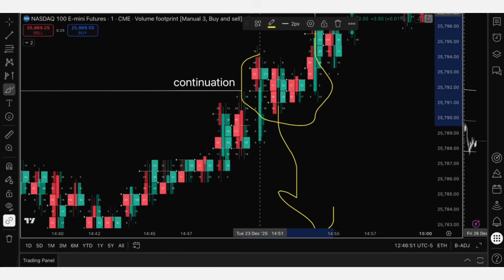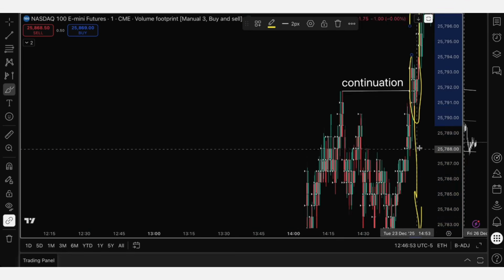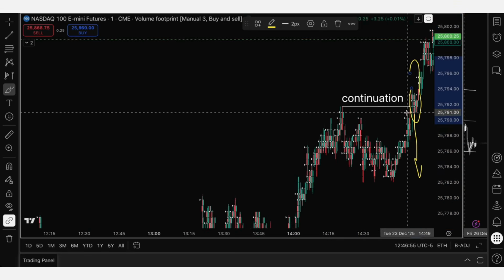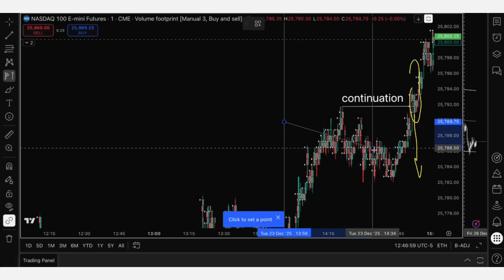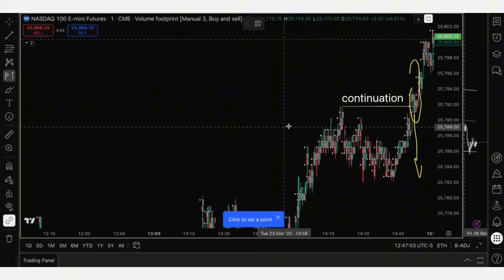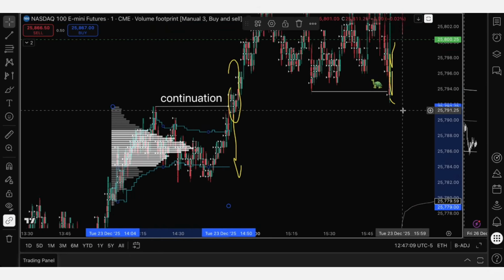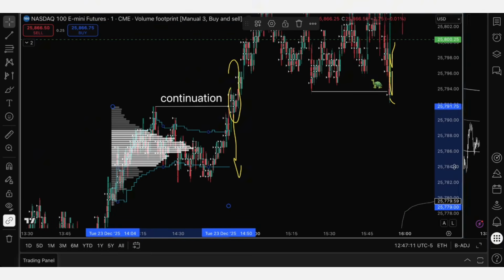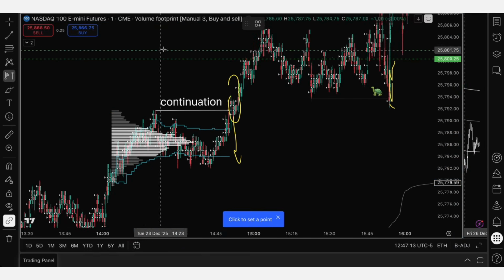So it's the sign of the continuation pattern, where price wants to move higher and find a new balance zone, because this acceptance zone is no longer accepted, and after that price finds a new auction zone here.